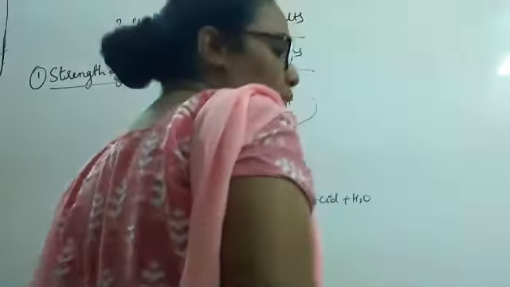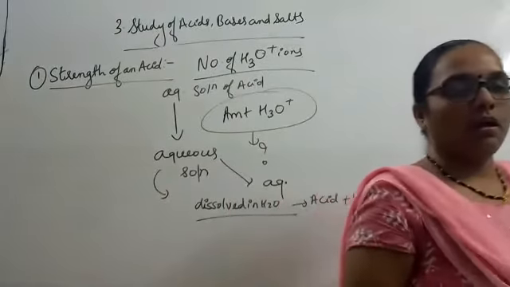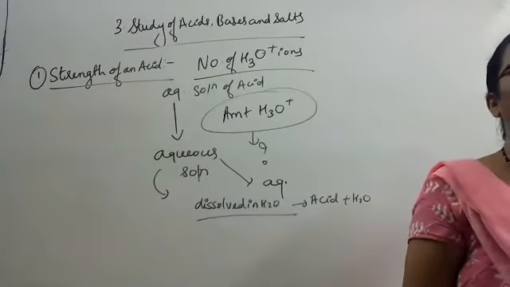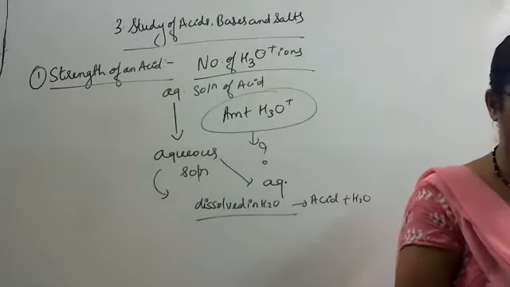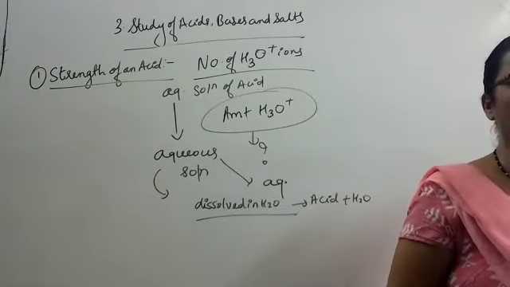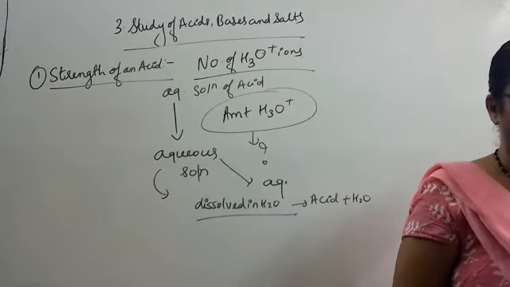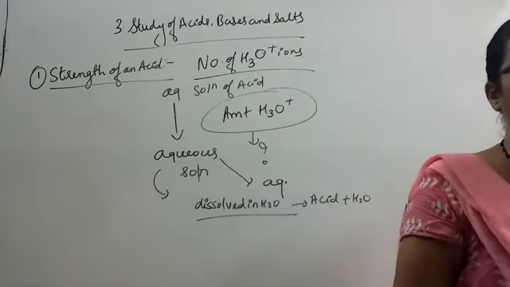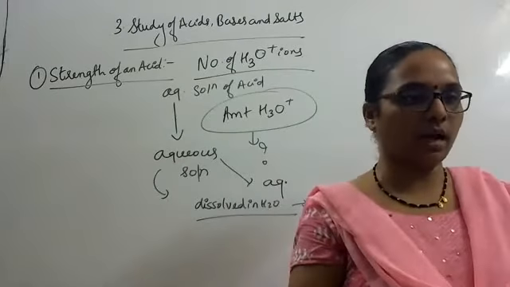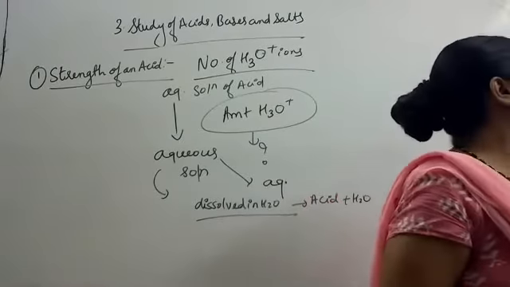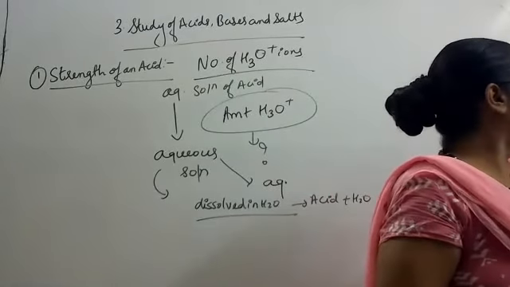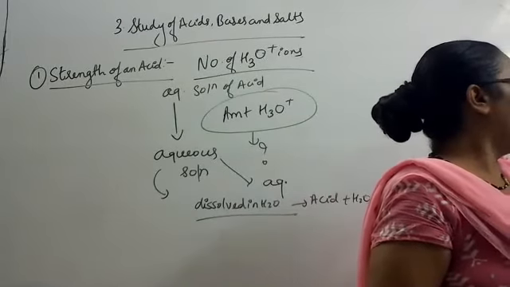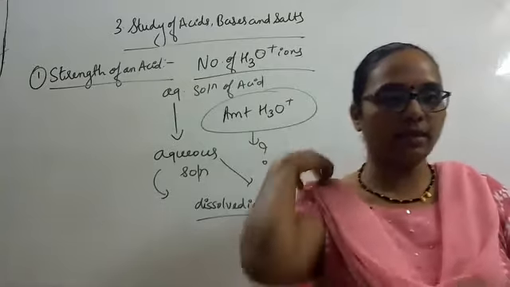Okay, now we come to the next part. Before we stop, we will revise. We have started with the third chapter, study of acids, bases, and salts. First, we are going to study about acids.